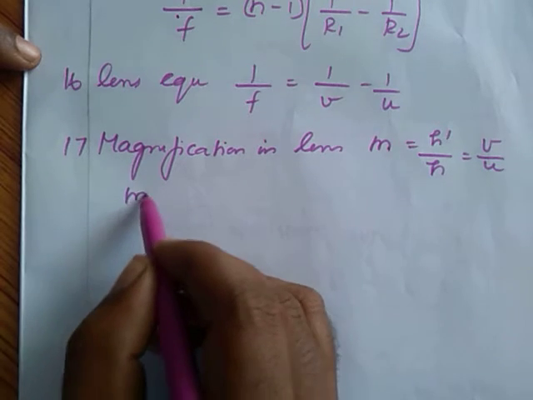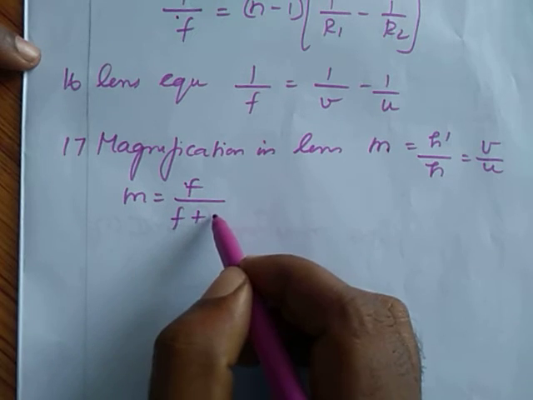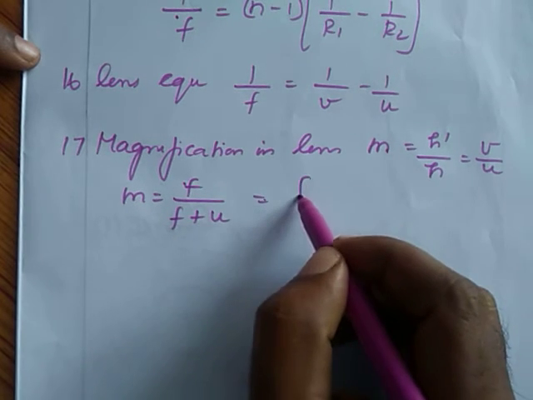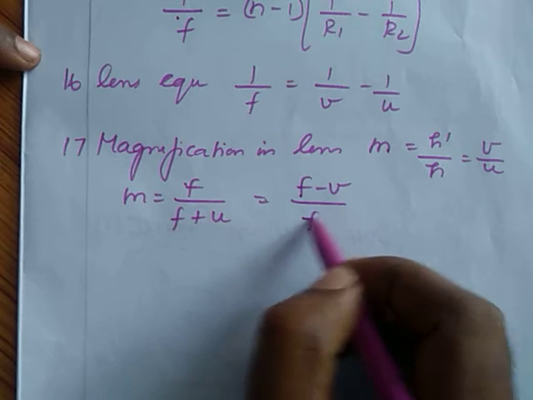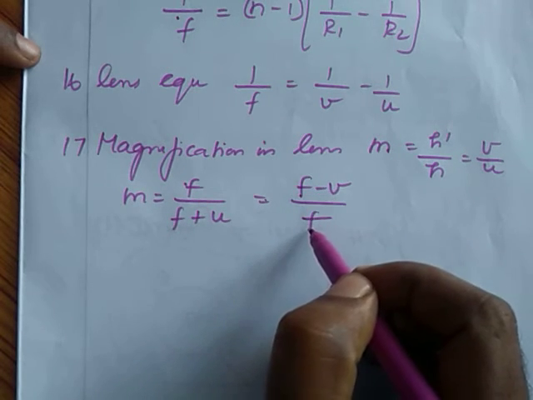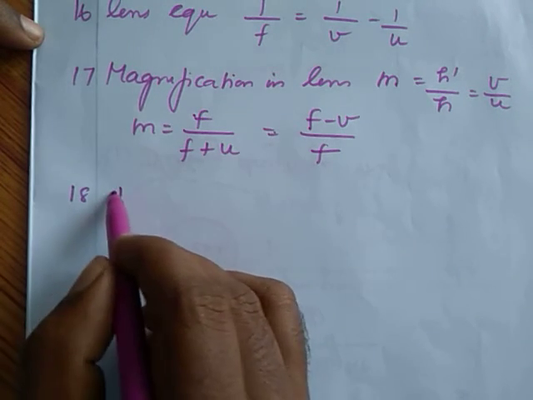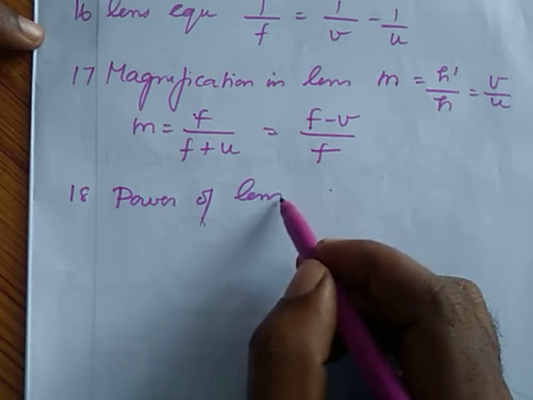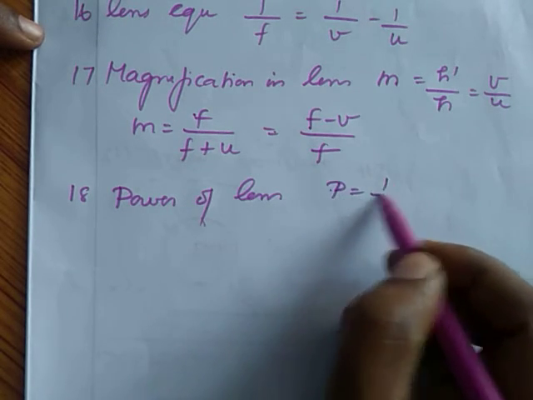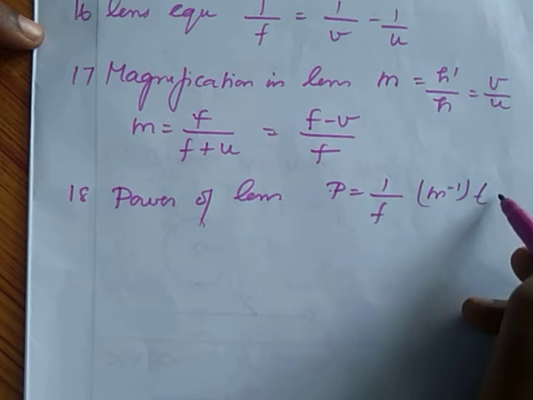We can write m in terms of f and u, that is f by (f plus u), or we can write this as (f minus v) by f, in terms of v and f. Then the power of the lens, that is the reciprocal of the focal length. Here its unit is per meter or diopter.